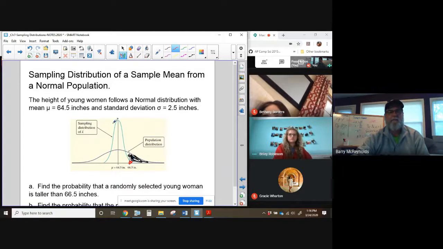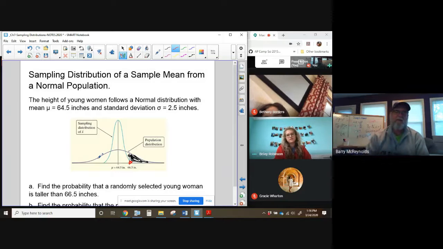And we know that the sampling distribution, as long as the population is normally distributed, is going to be normally distributed. And we know it's going to be centered on the population mean. It's just that the variability of this distribution is a lot less than the variability of the population.